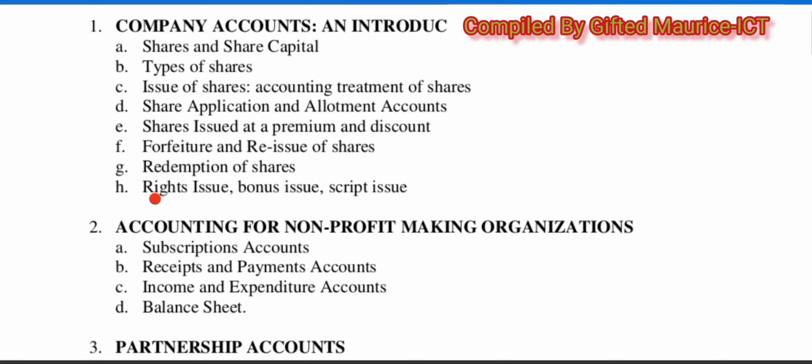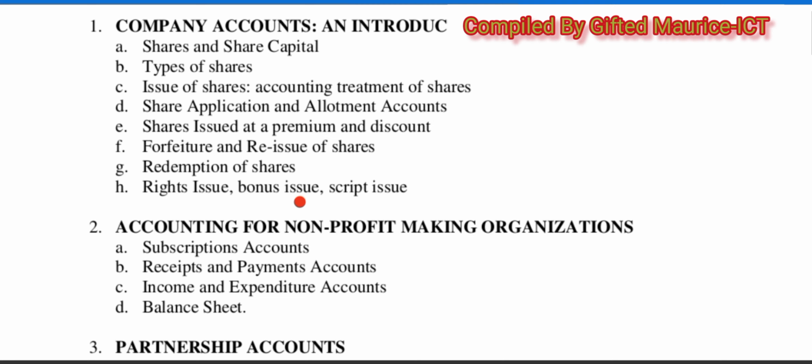However, they are given that right or priority to buy them. And when they are given this, they are going to buy them at a price that is lower than the market price.